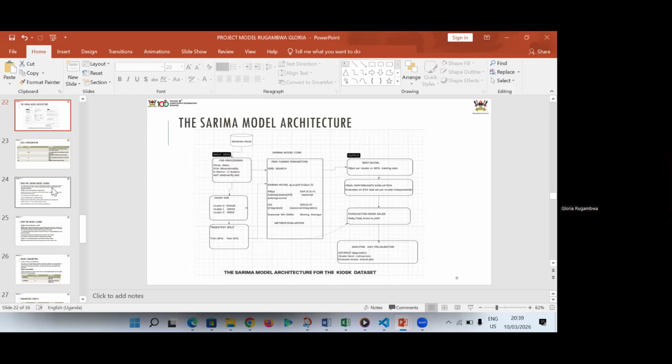And we're able to see that there's the Makerere kiosk data set, which goes through pre-processing the input data, creates 3 clusters, trains and splits the data. Then it goes through the SARIMA model core where we have the SARIMA 9, the 6 variables. Then when it's done being trained, it moves out as an output. Yeah.